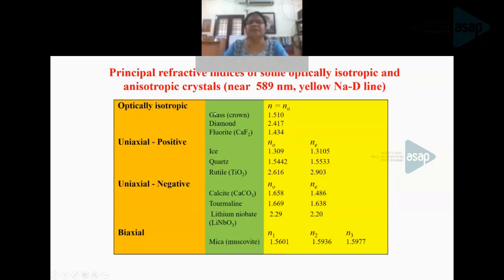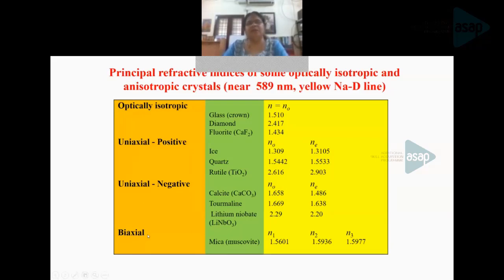Examples for that are glass, diamond, fluorite, etc. But anisotropic crystals are again classified into uniaxial and biaxial crystals. Uniaxial crystal means they have only one optic axis, and biaxial crystal means they have two optic axes.